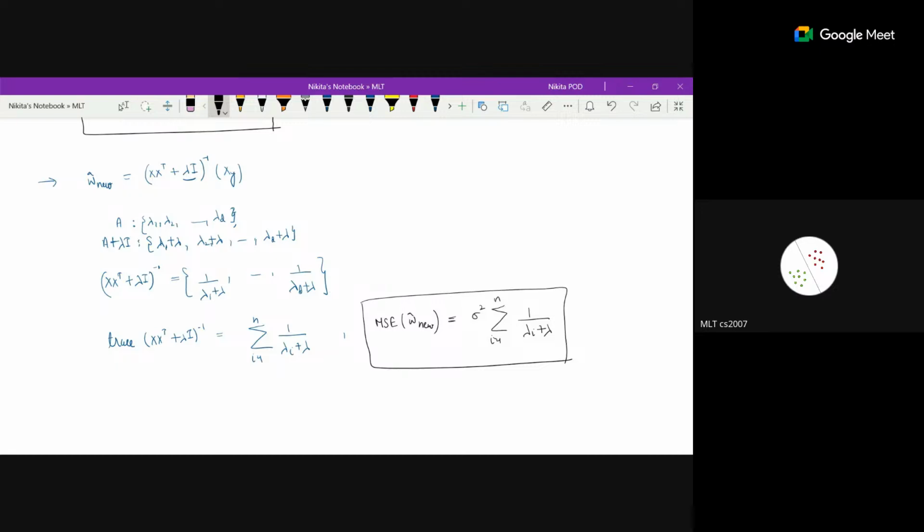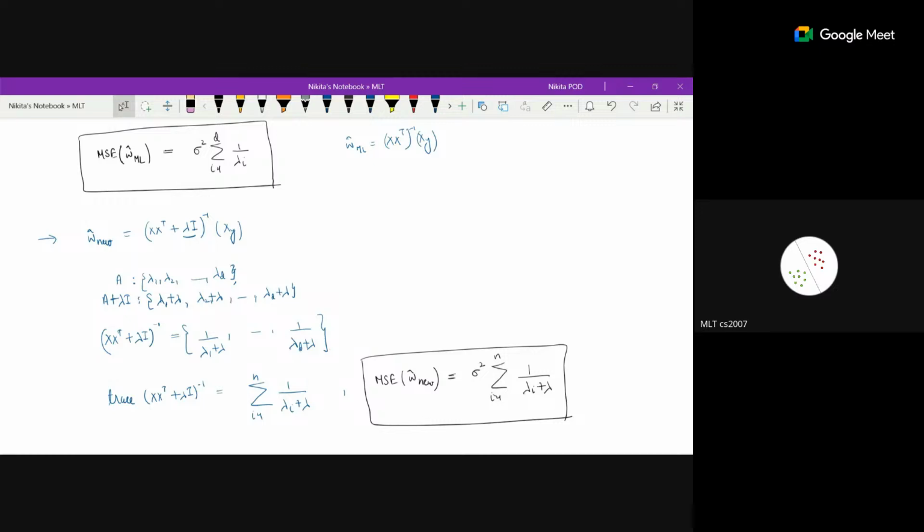If we compare the mean square error of these two estimators, the mean square error of my W hat ML is going to be greater than the mean square error of my W hat new. So my new estimator has lower mean square error as compared to the W hat ML.